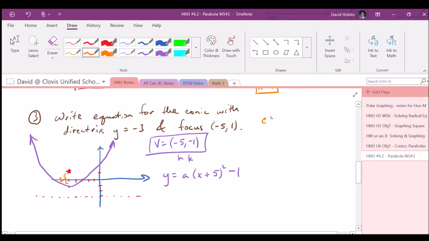And c equals 1 over 4a. So c is 2. So 8a equals 1. So a is 1/8. And now, with a positive 1/8, there's a negative 1/8. It's opening up. So it's positive 1/8. So y equals 1/8 x plus 5 quantity squared minus 1.